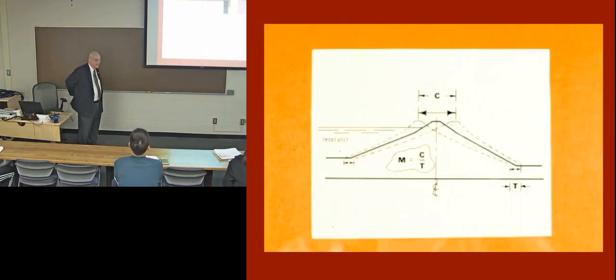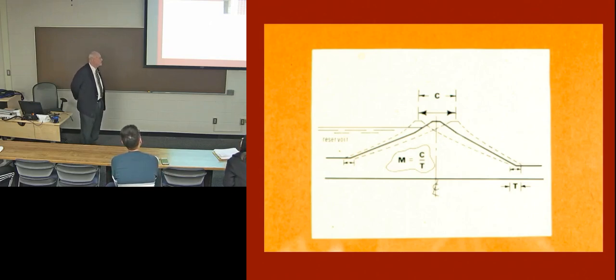Okay, so here is a cartoon of the dam, the crest motion, the C, the toe motion, the T, and so we had sensors up here and down here, not there underwater. And we made the measurements and calculated the magnification.